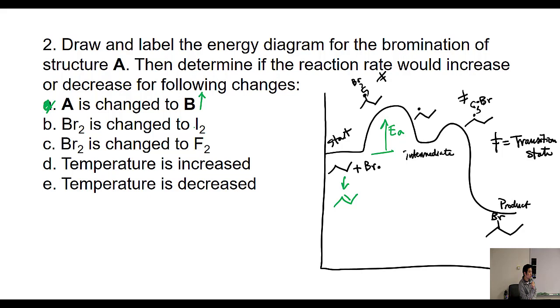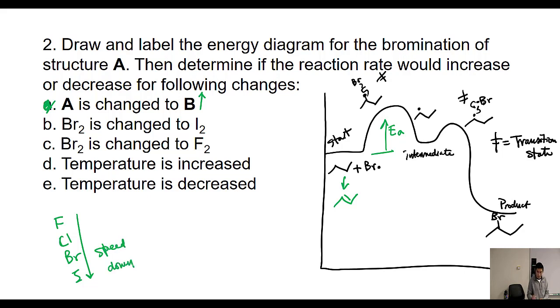Okay, so iodine is bigger than bromine. So what will we be looking at? Are we looking at the size? Are we looking at electronegativity? There is a chart, but basically I have fluorine, bromine, iodine.